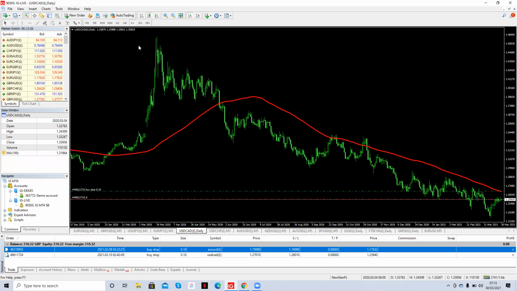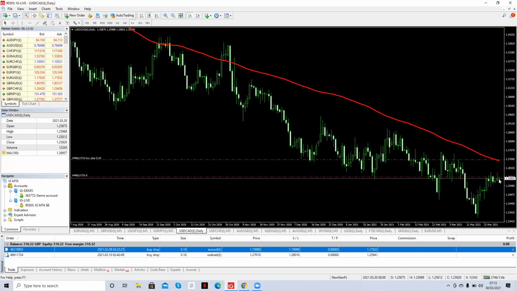All right, let's go to USDCAD. Again, we start with the swing trading, so I go to the daily time frame and put my cursor on the candlestick for today. I use the moving average 100 for the Canadian dollar and the pound dollar only. The moving average 100 today is 1.2696.